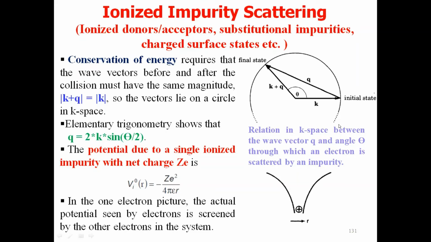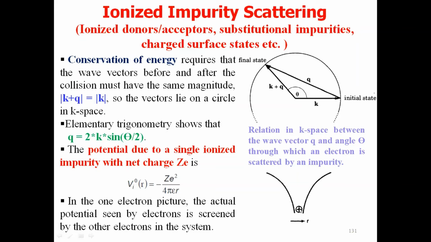If you take this angle theta and this vector q, and go for elementary geometry, because we take a circle in k space, you will find that q is nothing but 2k sine theta by 2.